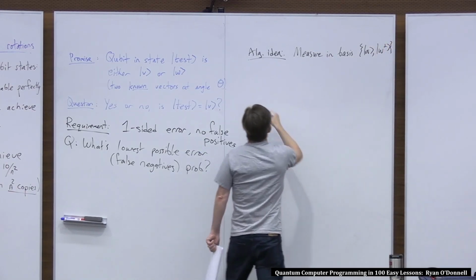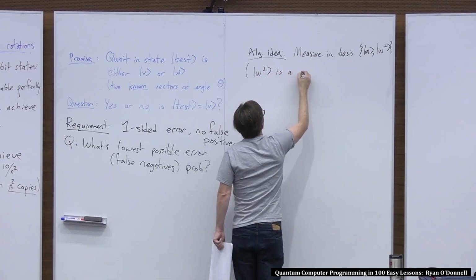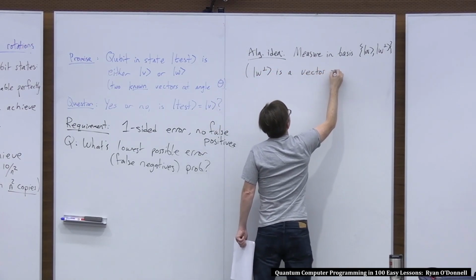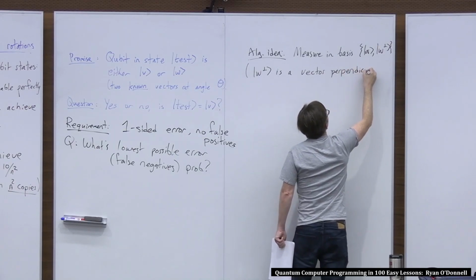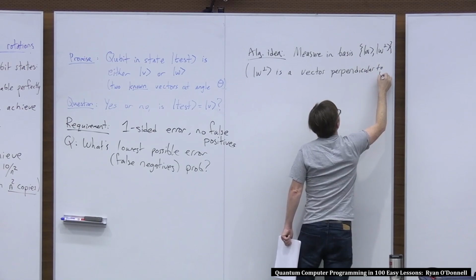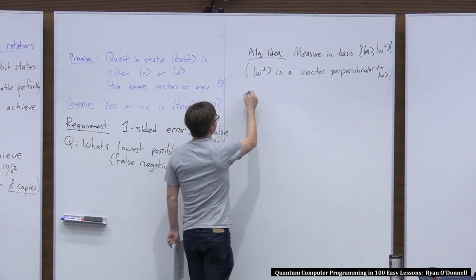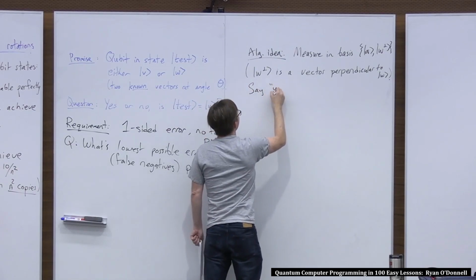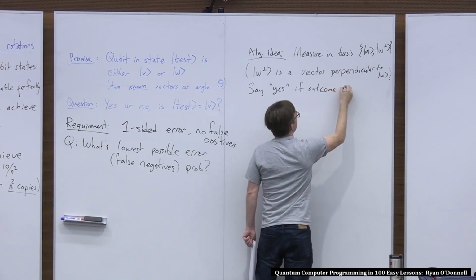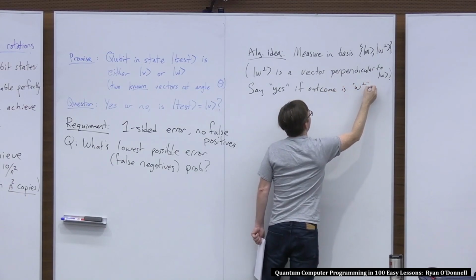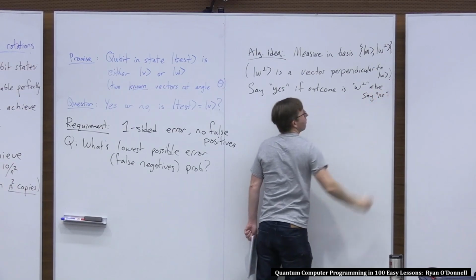This is just the name of a vector that's perpendicular to W, like depicted in purple there. And say yes if the outcome is W perp, else say no if the outcome is W.